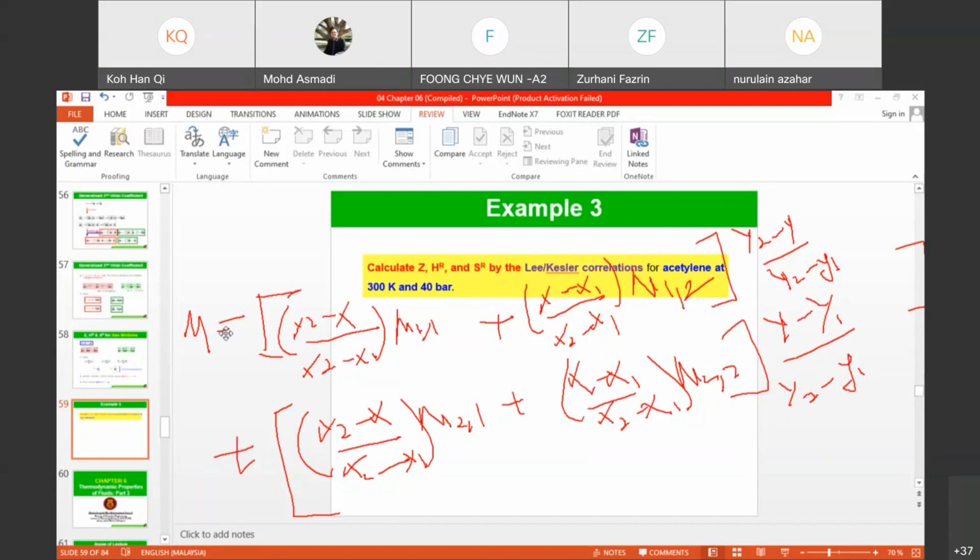Question F2 or G2. Can you give me the answer? Z naught 0.6825. Okay, Z prime 0.0978. Okay.